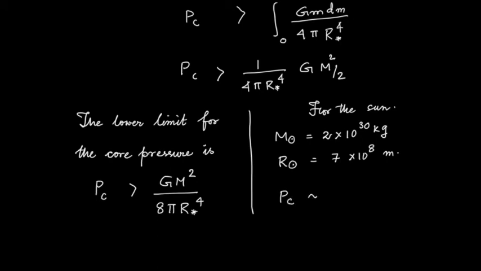This gives me a PC of the order of 4.4 into 10 to the 13 Newton per meter square. This is an enormous pressure, and this pressure is what ensures that the fusion will happen at the center of the star. So this pressure being so large is kind of an evidence that there is fusion happening at the center of the star.